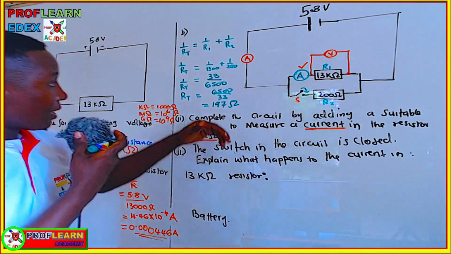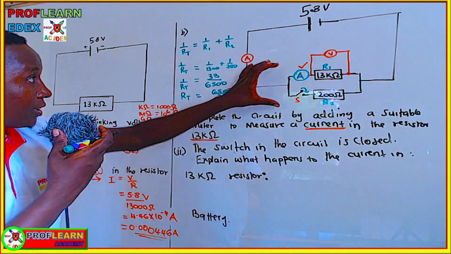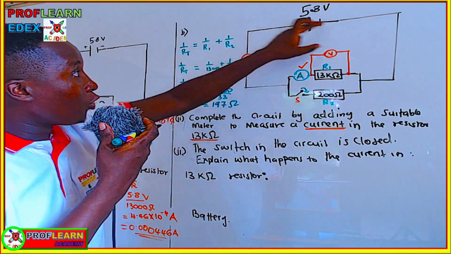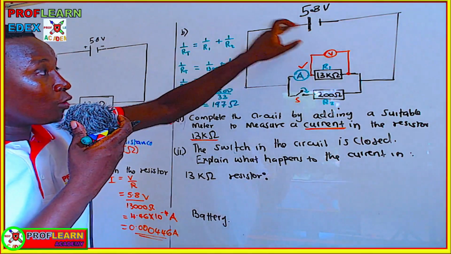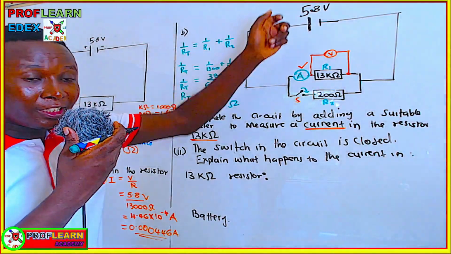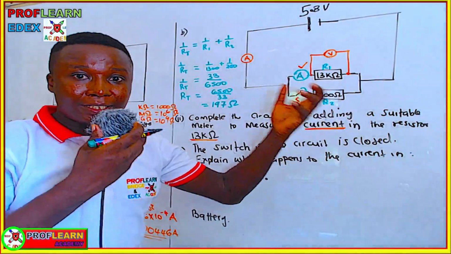So when the switch is closed, the resistance of the circuit drops. More current is going to flow through the circuit. The current in the battery is going to be higher because the resistance in the circuit is less.